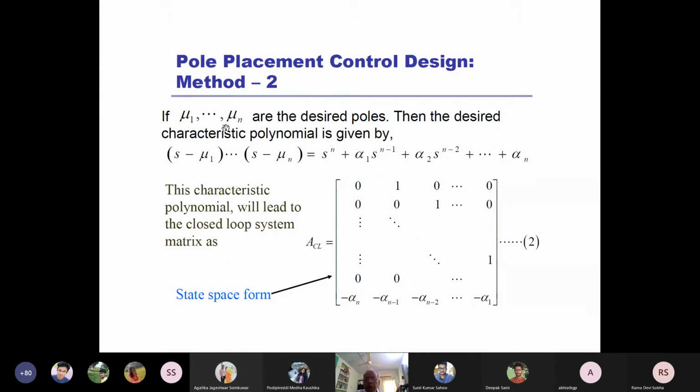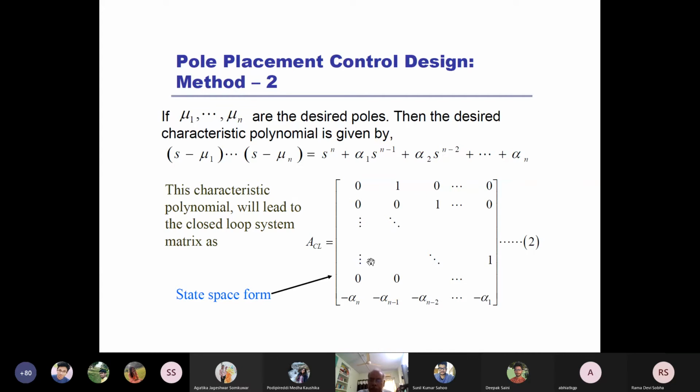Now, if mu1, mu2, up to mu_n are the desired poles, then the desired characteristic polynomial will be given by these expressions. Now, this one, s^n plus alpha 1 s^(n-1) plus alpha 2 s^(n-2) up to alpha n, can be written in a controllable canonical form, which we have already seen. So if I write this in the controllable canonical form, then I will get a state space form of this one.